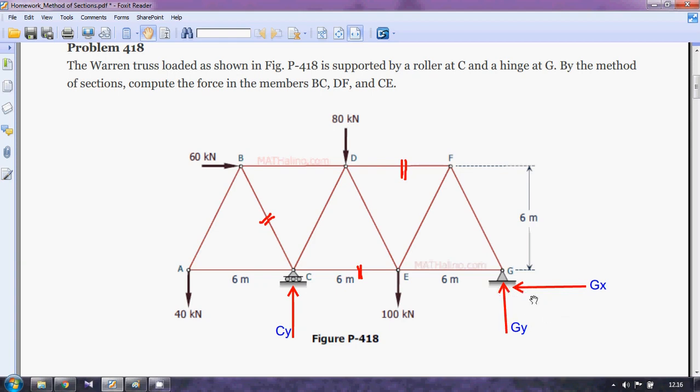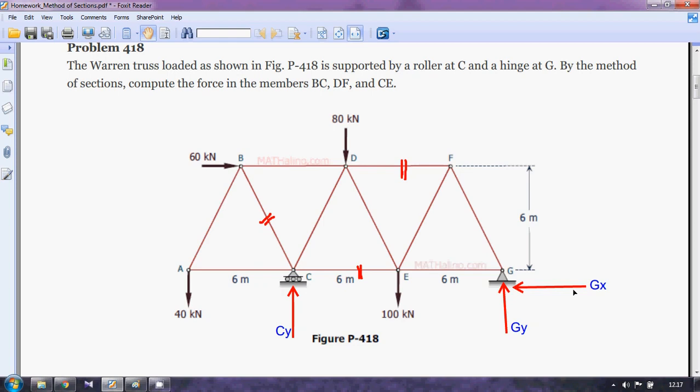But one thing I am very sure about is the horizontal reaction. Why? Because look, I have a 60 kilonewton force in the positive x direction, and there are no other forces acting in the x direction, correct? So there is only one reaction, which is GX.